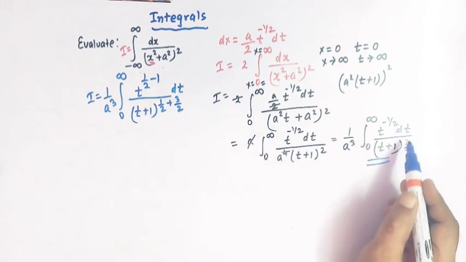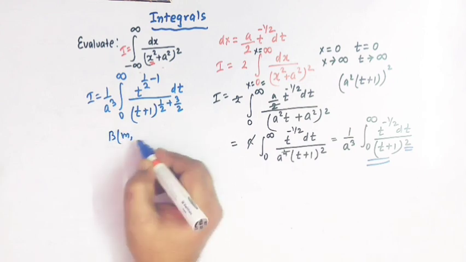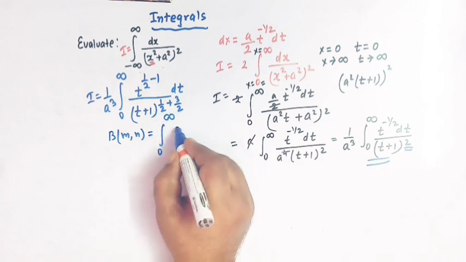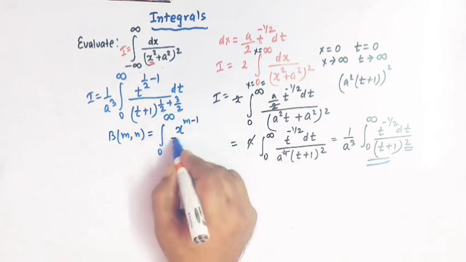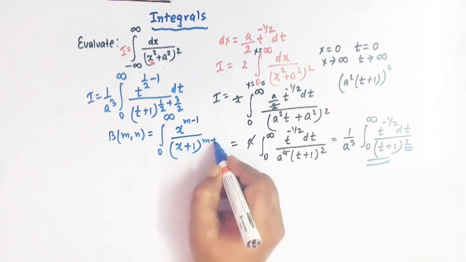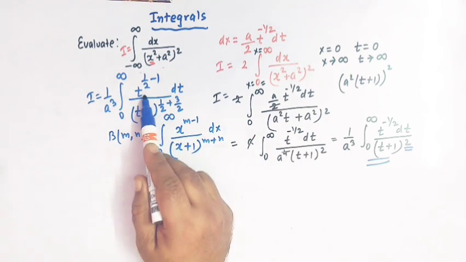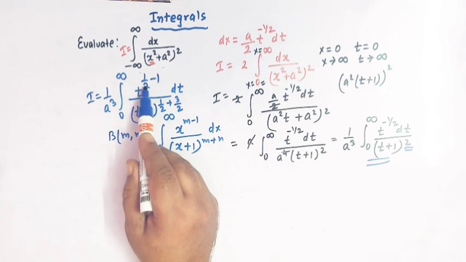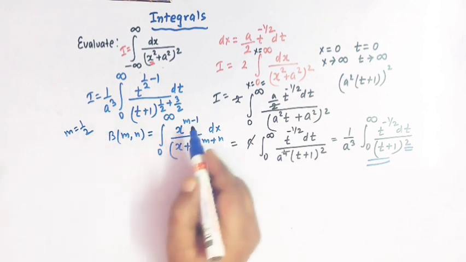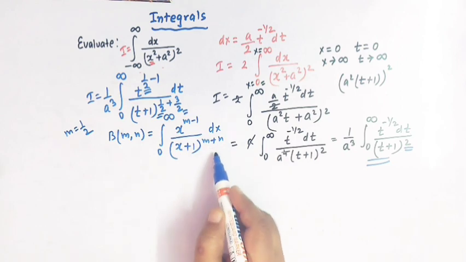So we have expressed this integral like this, because we know that beta of m comma n is given by the integral from 0 to infinity of x raised to m minus 1 divided by x plus 1 raised to m plus n, dx. If we compare this integral with this one, then the value of m is half, and n is 3 by 2.